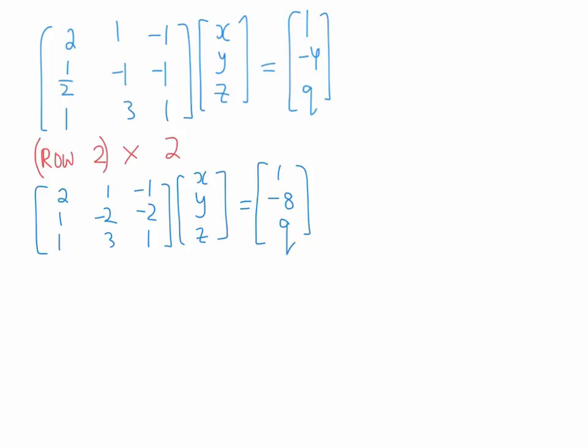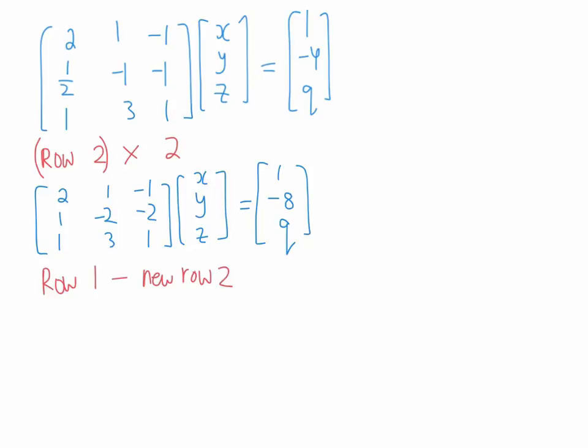And you can see that I haven't multiplied the second row in the x, y, z column matrix, but I have multiplied the second row on the right hand side of that other column matrix. So instead of being 1 negative 4q, it's now 1 negative 8q. And because we only multiplied row 2 by 2, row 1 and row 3 have stayed the same.